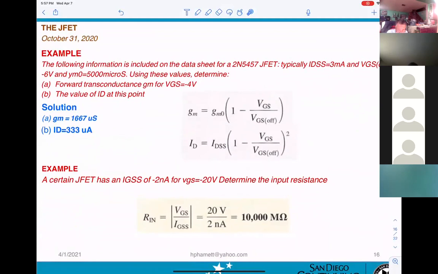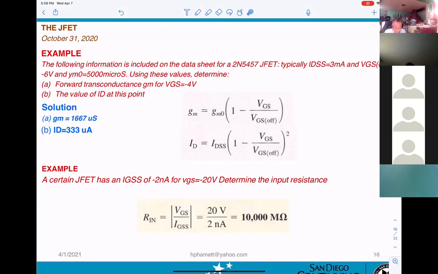Now in this example, they give us a JFET with IDSS 3 milliamp, VGS off of minus 6, and GM0 equals 5,000 microsiemens. Using these values, they want to know what the GM is for VGS equals minus 4 volt.